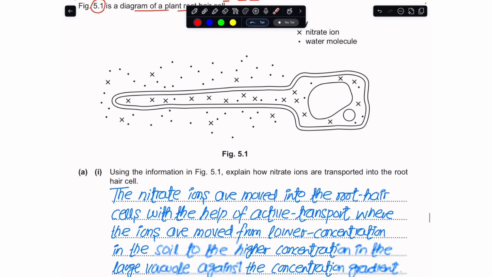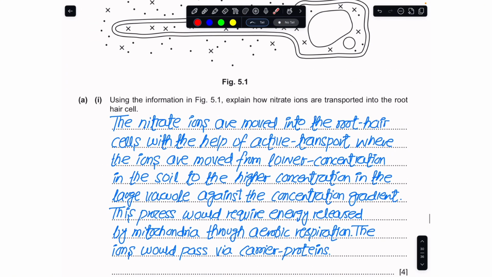So this is something they are asking for a total of 4 marks, that we need to use the information in figure 5.1, and we have to explain how the nitrate ions are transported into the root hair cells. So we would say that the nitrate ions are moved into the root hair cells with the help of active transport, where the ions are moved from the lower concentration in the soil to the higher concentration, not in the large vacuole, but rather, as the examiner has shown you, the cytoplasm.